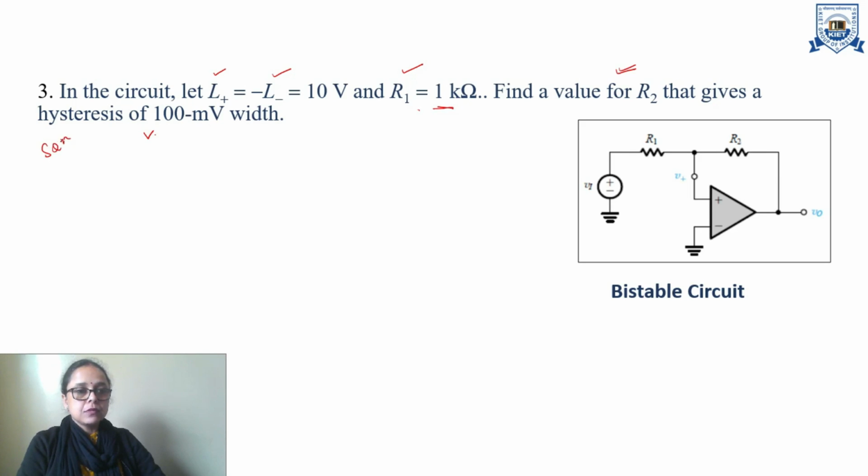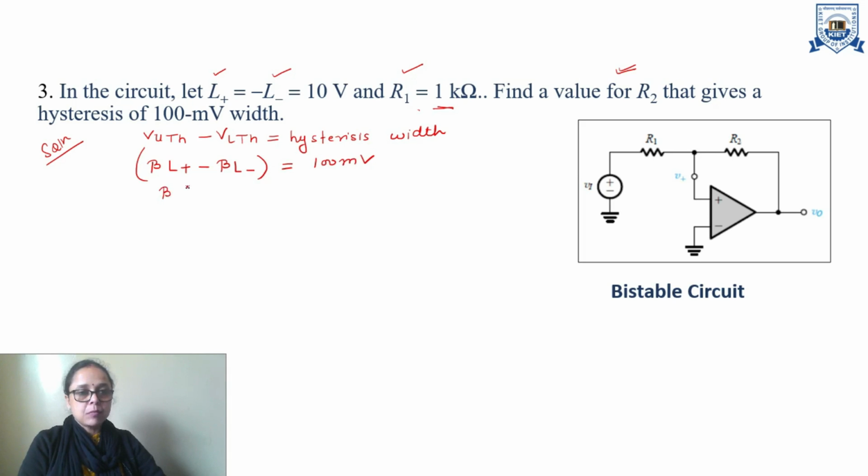The solution: the difference between the upper threshold voltage and the lower threshold voltage gives you the hysteresis width. So the upper threshold voltage is beta times L plus, and the lower threshold voltage is beta times L minus, and this equals the hysteresis width of 100 millivolts.